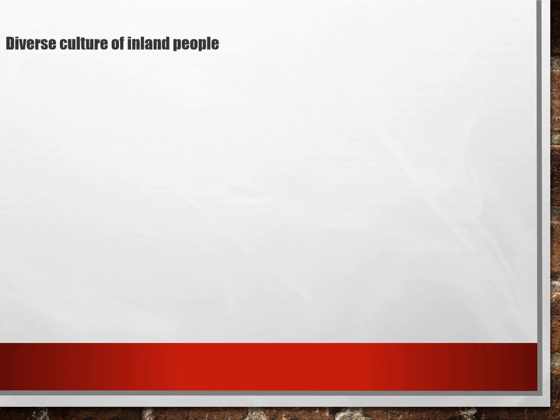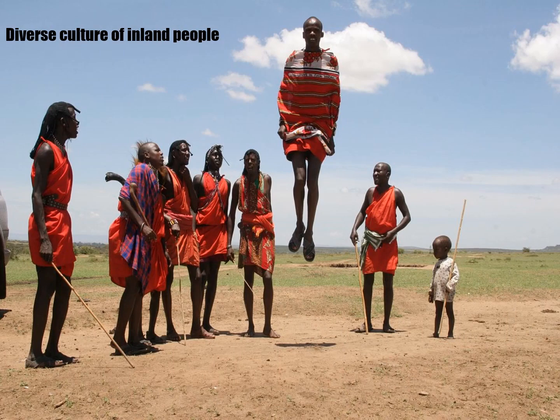The other tourist attraction is the diverse culture of the inland people. We have some communities there. It should be the Maasai. The Maasai community, their mode of dressing you can see for yourself. You can see that jump. It's not normally among every other person. This is unique.